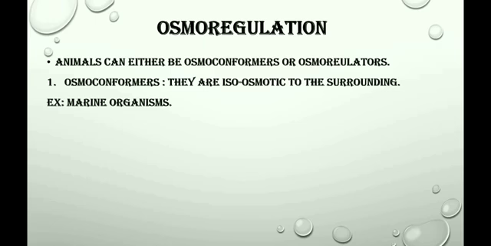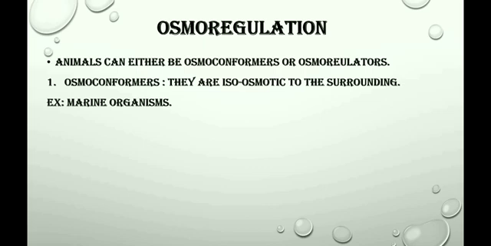If I say the word isoosmotic, that means whatever changes of temperature take place in the surrounding area, according to that environment, such animal changes their internal environment. So they are osmoconformers. Example, certain marine organisms.